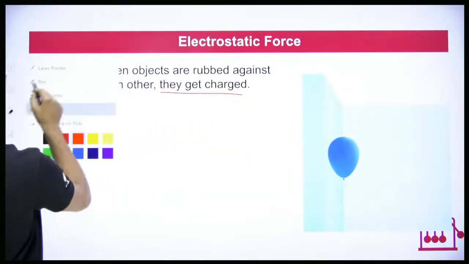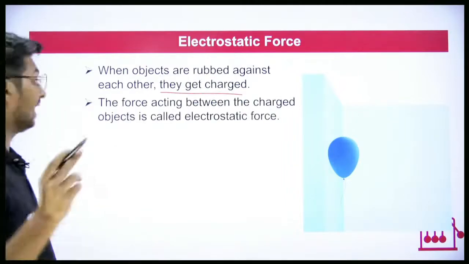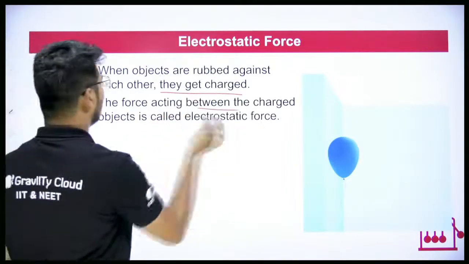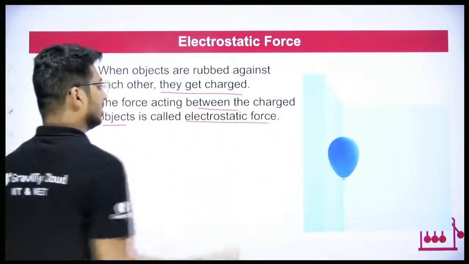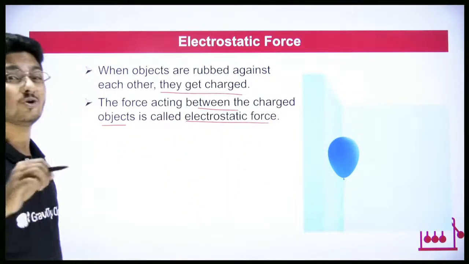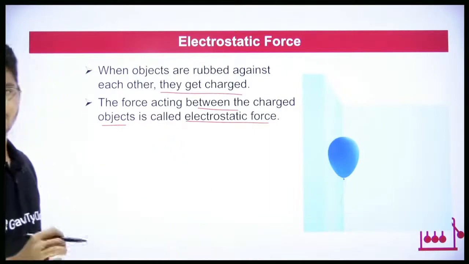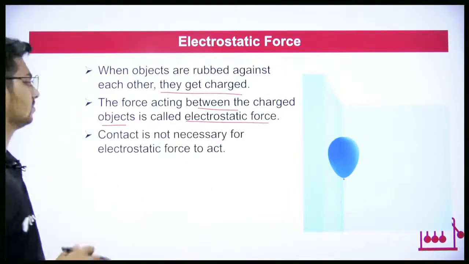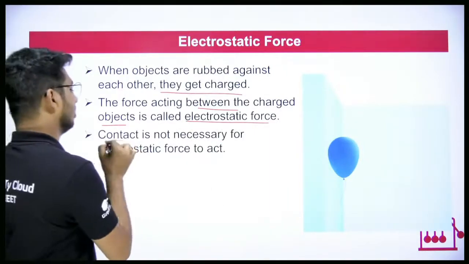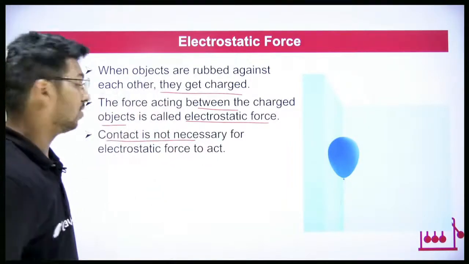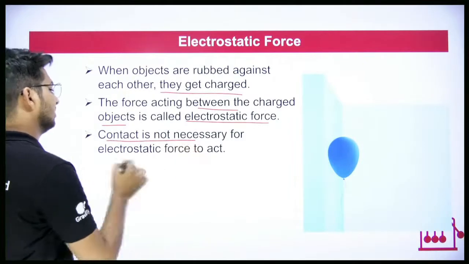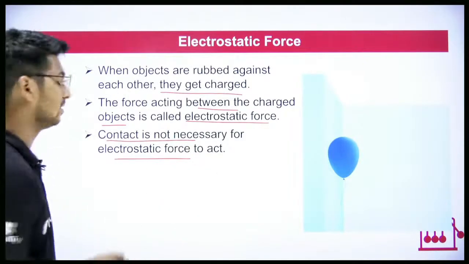And the force acting between the charged objects, we give a special name called electrostatic force. And contact is not necessary. The paper bits fly up without contact. It's not necessary for electrostatic force to act.